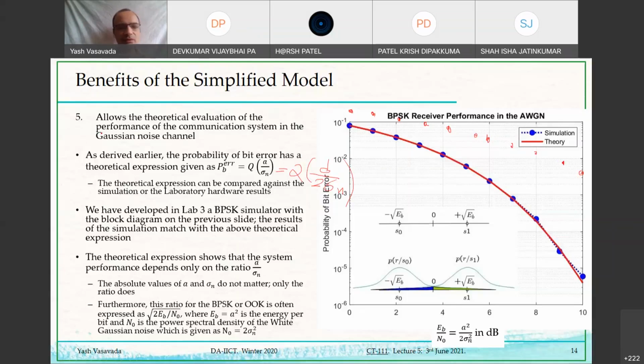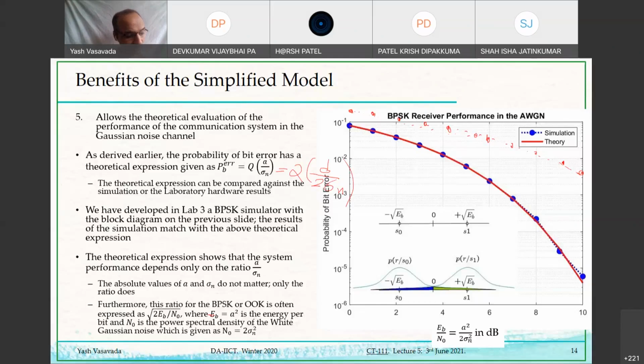And if I connect all of this by a dotted line, it is something like this. And in case your modem exhibits a performance like the one that I have drawn, it means that your design is not working well.